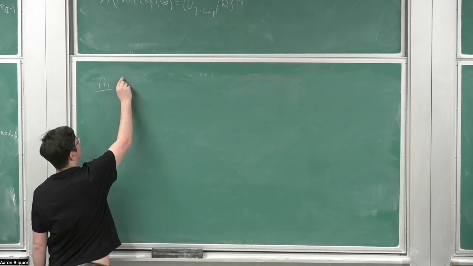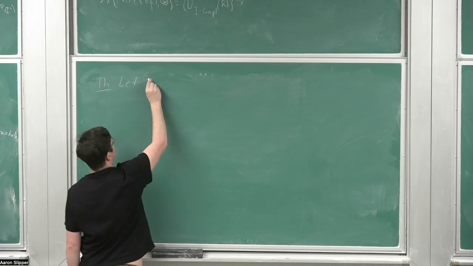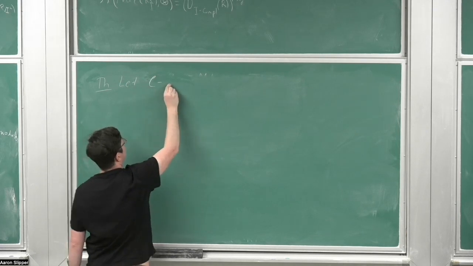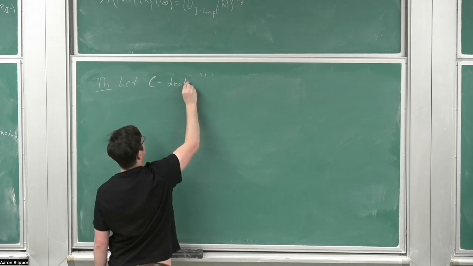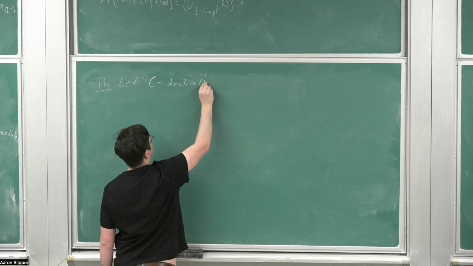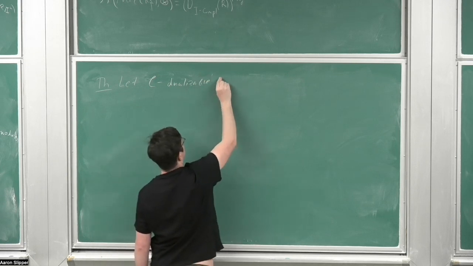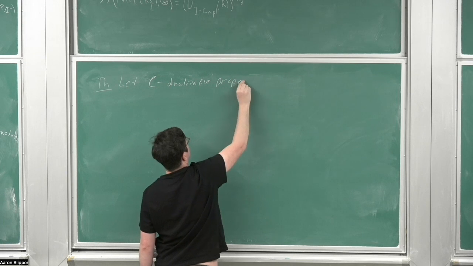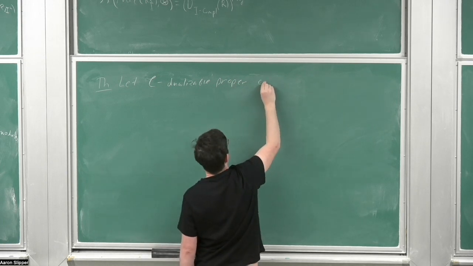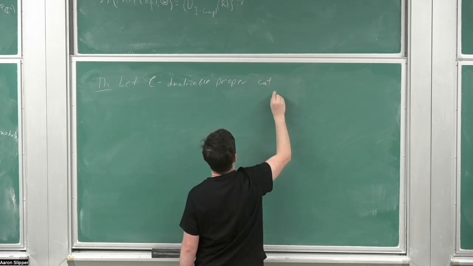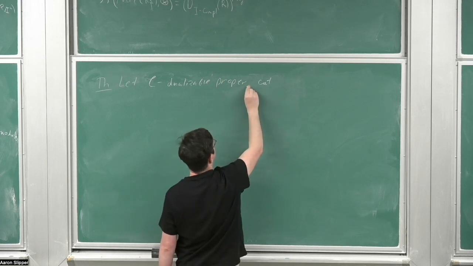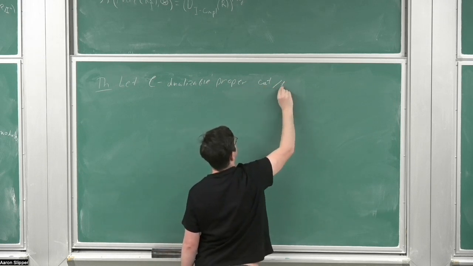So let C be a dualizable proper category, proper over some base K.